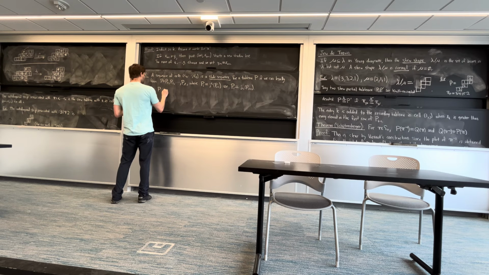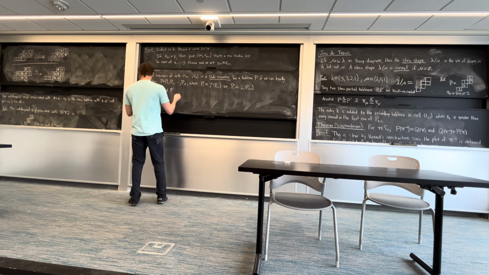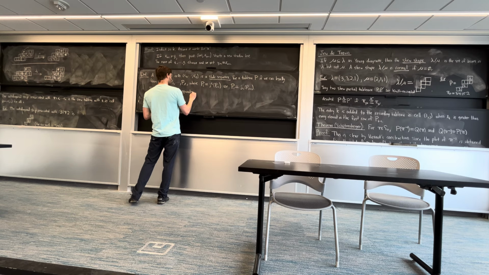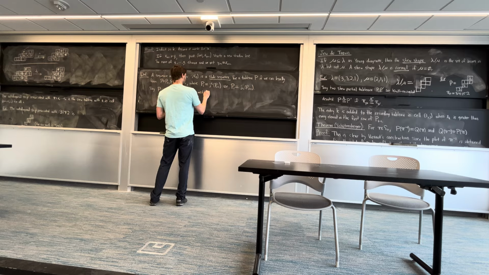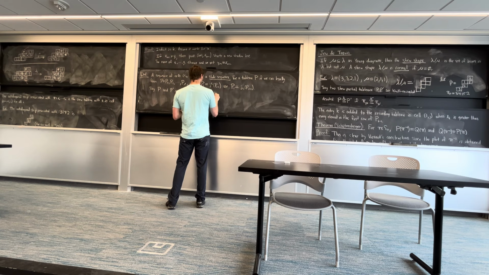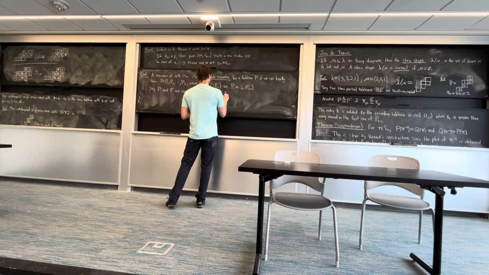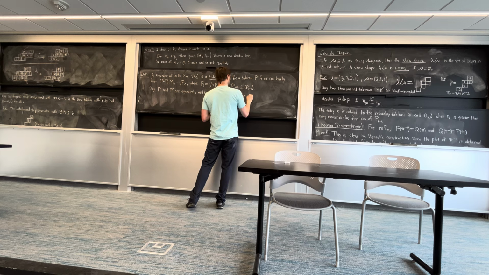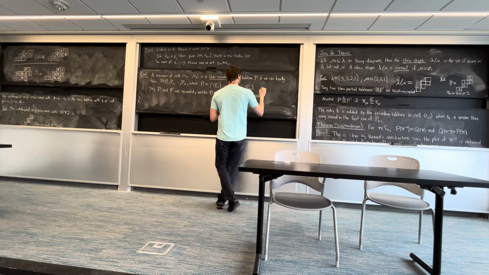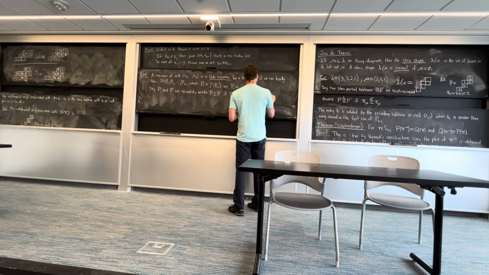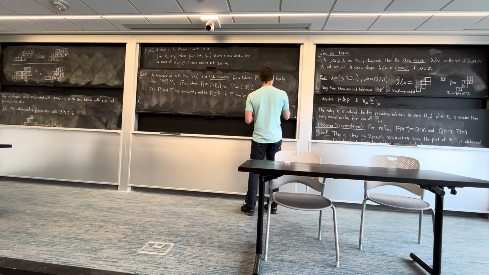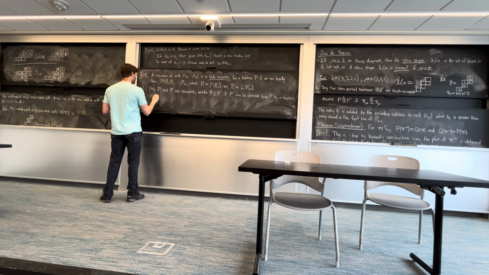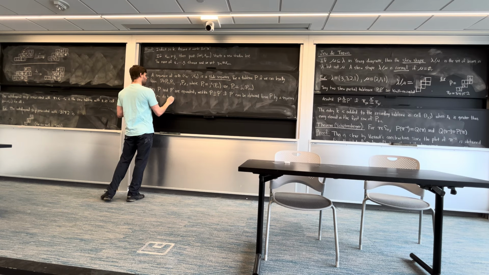So say P and P prime are equivalent, written P equivalent to P prime, if P prime can be obtained from P by a sequence of jeu de taquin slides.